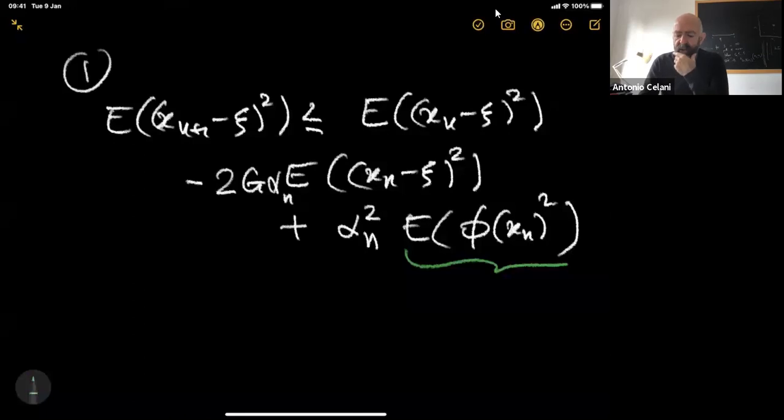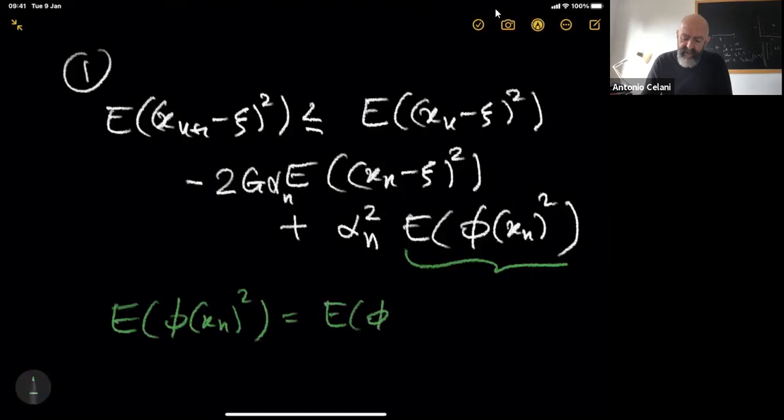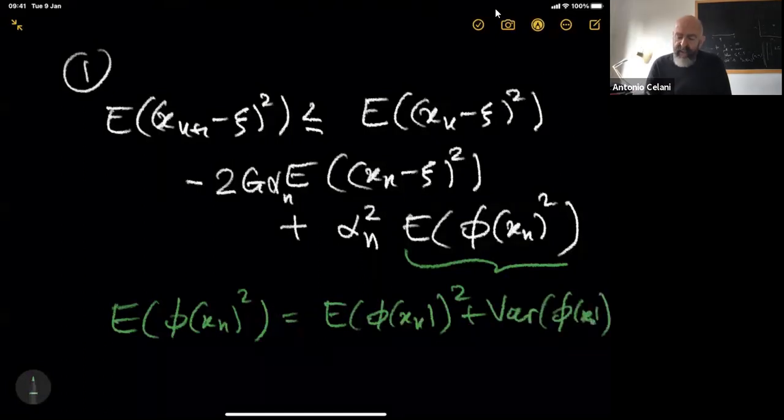So this object here is the square of my estimate. But the expected value of a square is the expected value of the function squared plus the variance of the function itself. Just the second moment is just the first moment squared plus the variance.